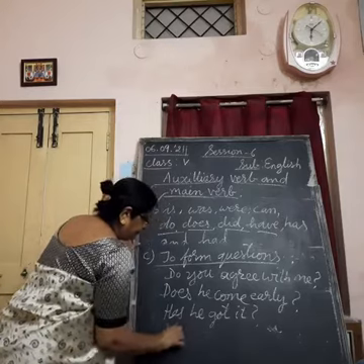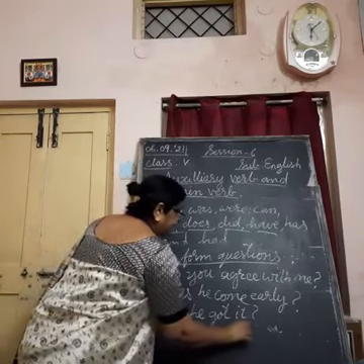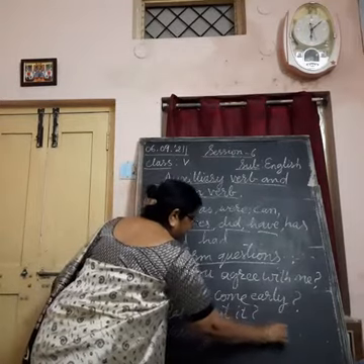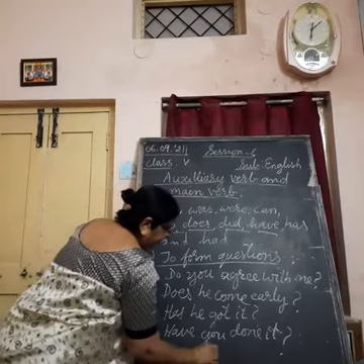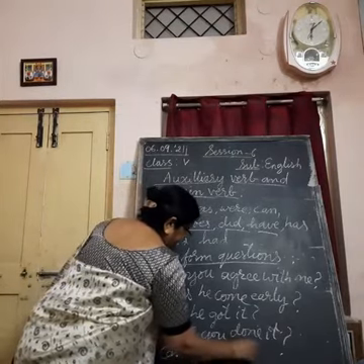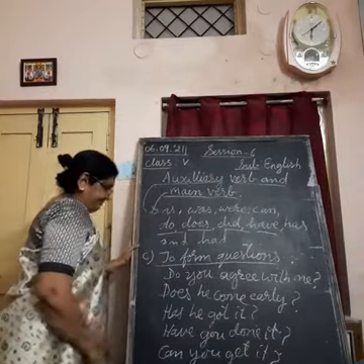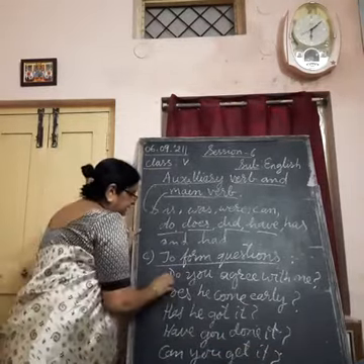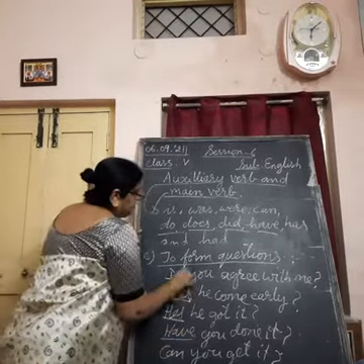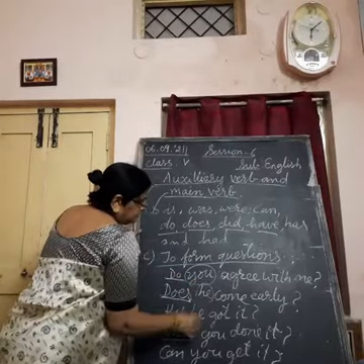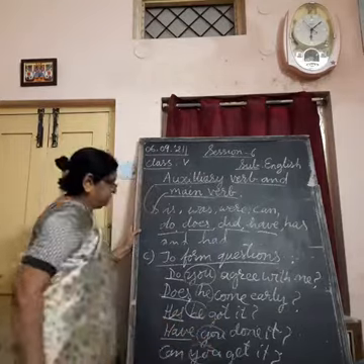Have you done it? Can you get it? Like that. First comes the auxiliary verb. It is followed by the subject. He, you, they are subjects.